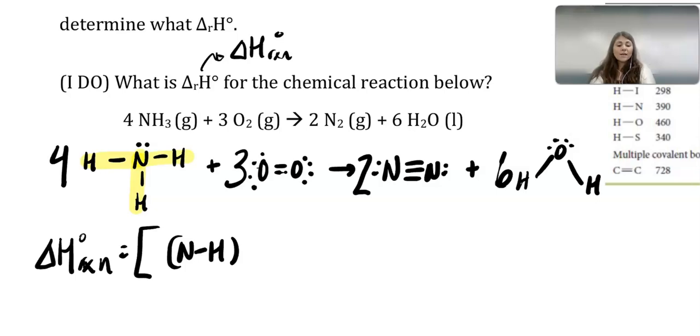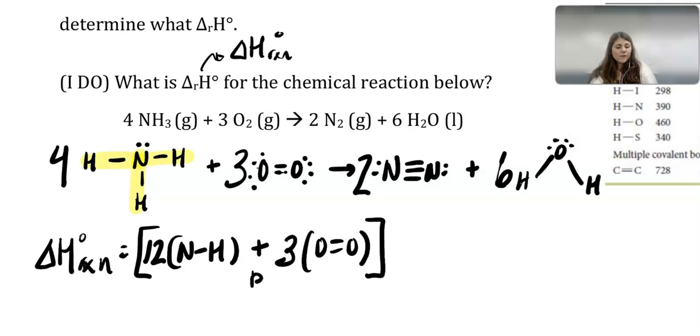I have 3 NH3, but there's 4 ammonias. So 4 times 3 is 12. So I have 12 NH bonds. Then for the oxygen double bond, I have 3 because there's just 3 of them there. That is all for our reactants.